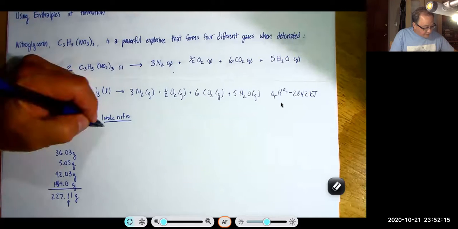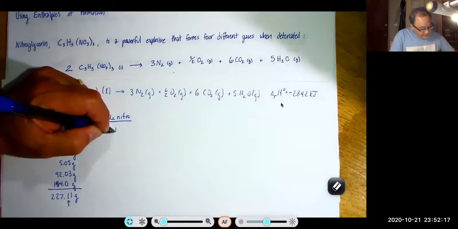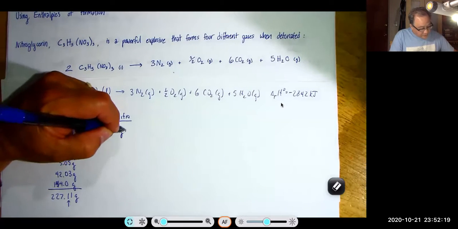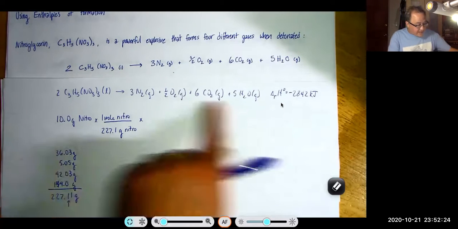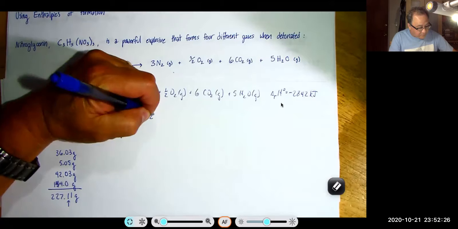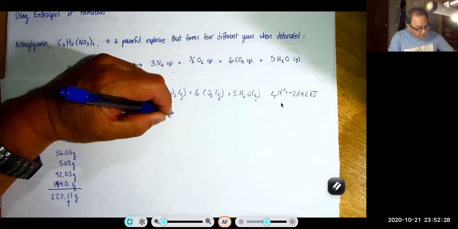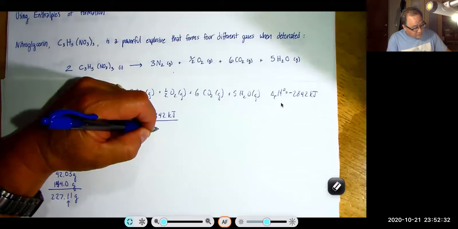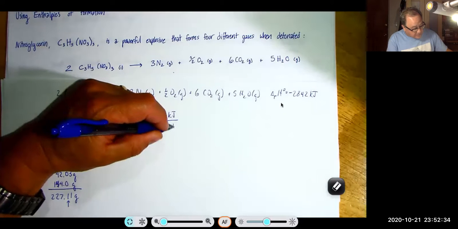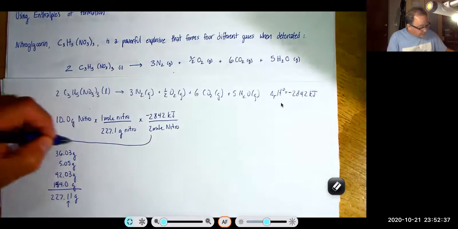So we're going to write 227.1 grams of nitro, and then times, according to this reaction, minus 2842 kilojoules per 2 moles of nitro. And this 2 comes from right there.